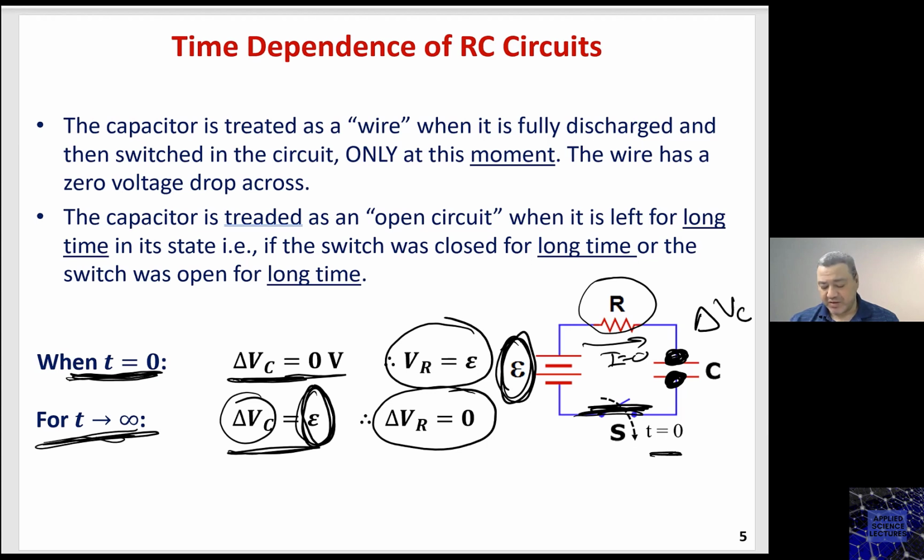The capacitor will have the whole voltage of the battery across it. Why? Because there is no current going into this resistor, and this potential here will show up here, and this potential is the same as this potential. That's why delta VC, when it's closed for a long time, will equal epsilon.